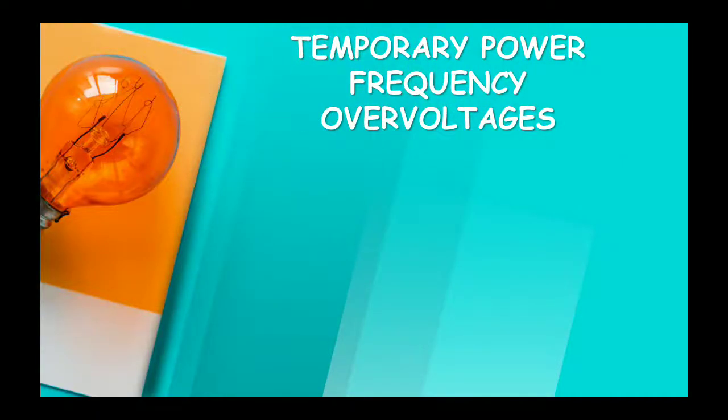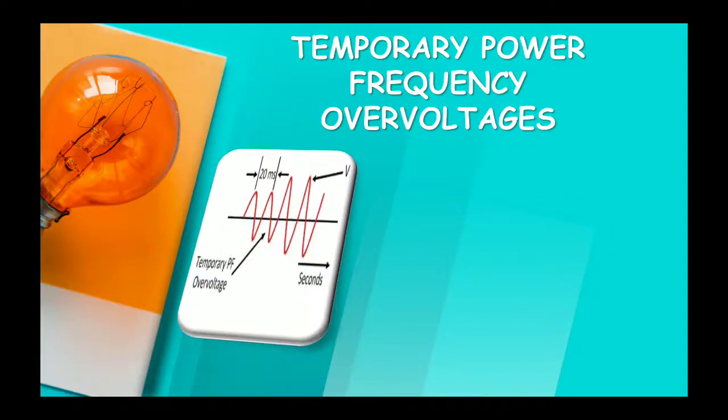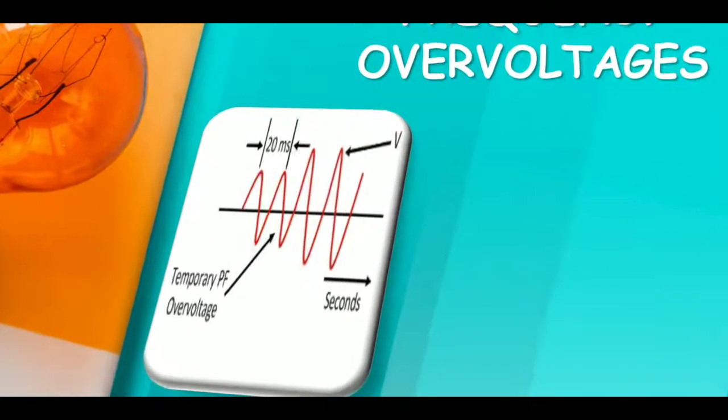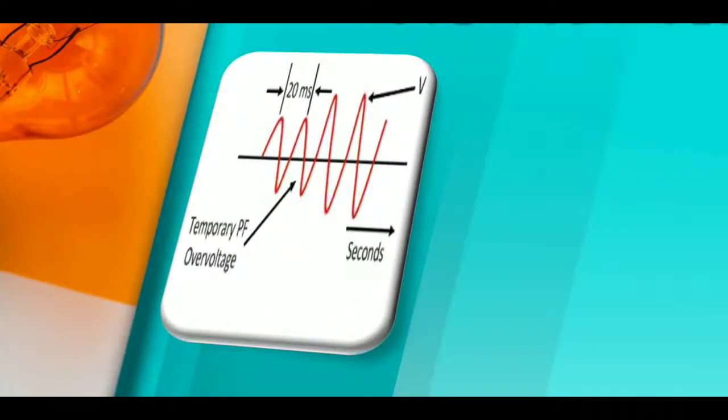Now, the temporary power frequency overvoltages. Here you can see the temporary power frequency overvoltage which rises. There is time, and that is the value of the voltage. You can see here the value of voltage is not the same all the time.